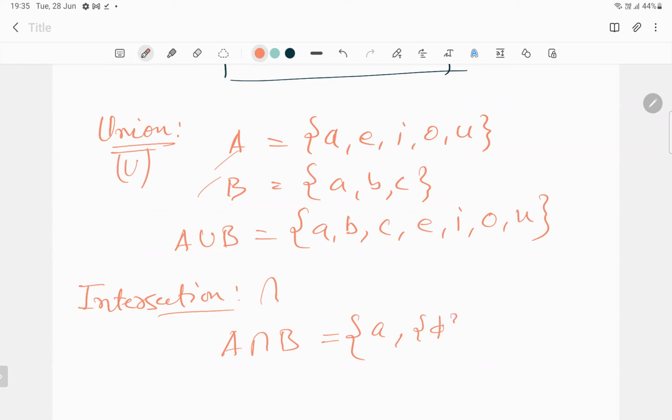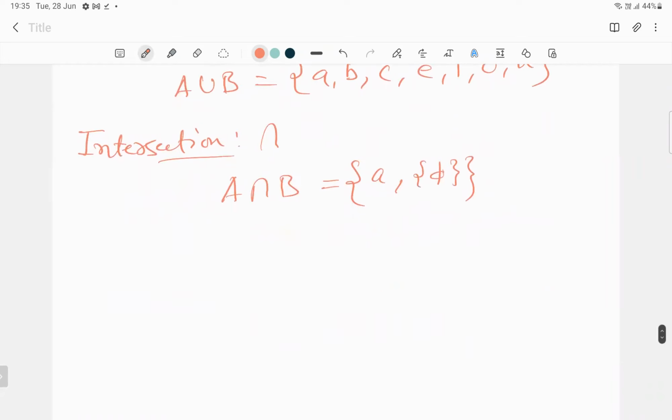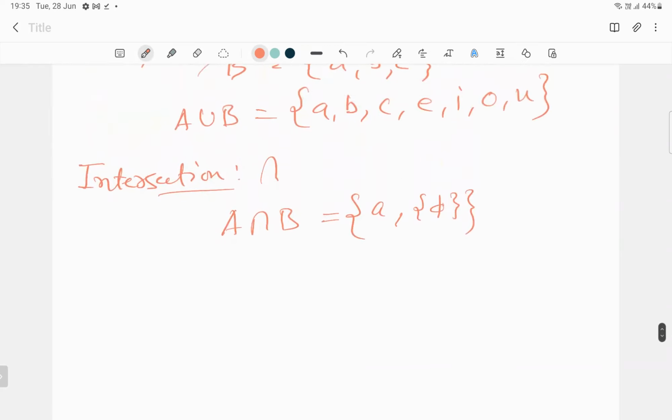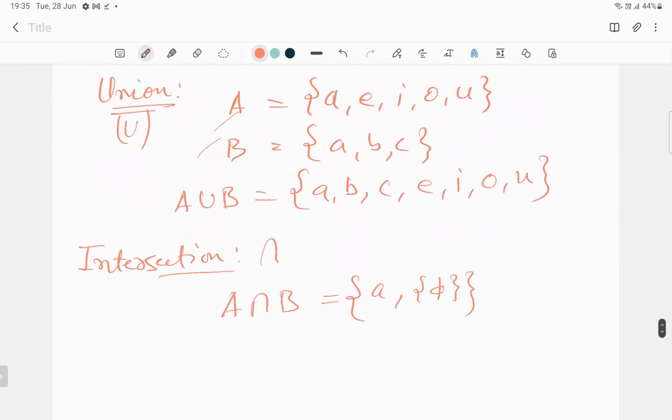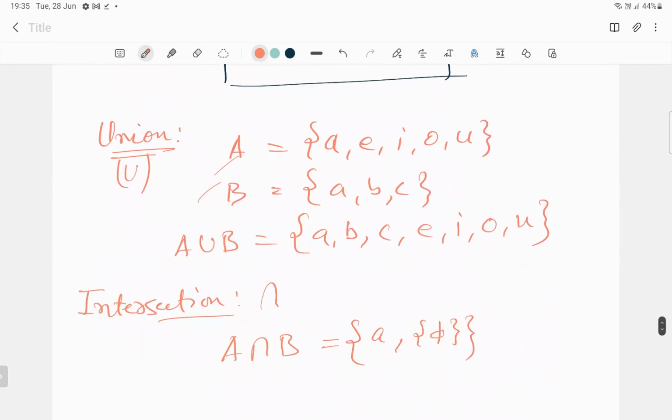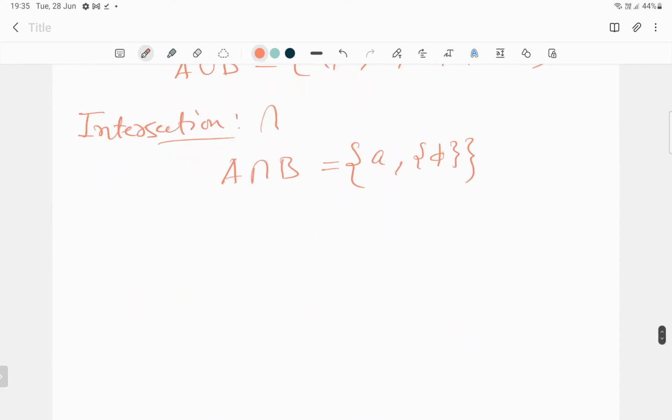Let's understand some of the operations involved. These sets, like the universal set and other sets, are shown in a Venn diagram. Then there is the Cartesian product of sets.